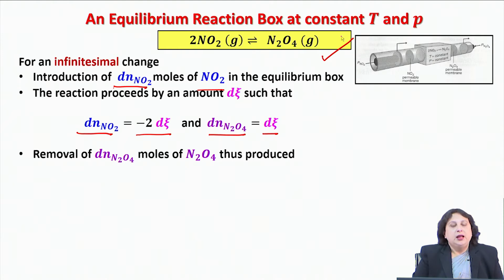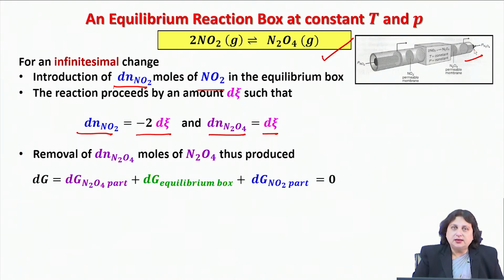Now, the next stage is that whatever moles of N2O4 have been produced as a result of this reaction would be removed in such a way that it is removed at its own partial pressure on the N2O4 side.